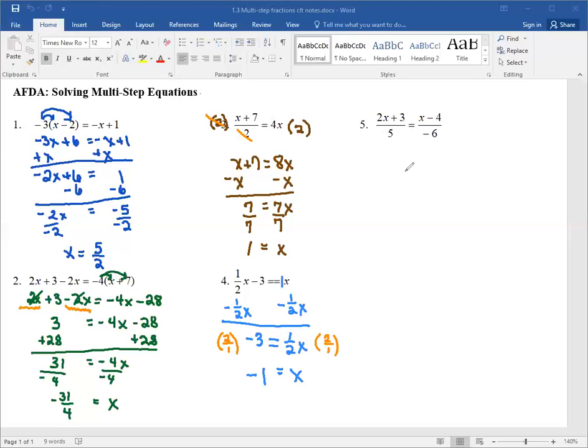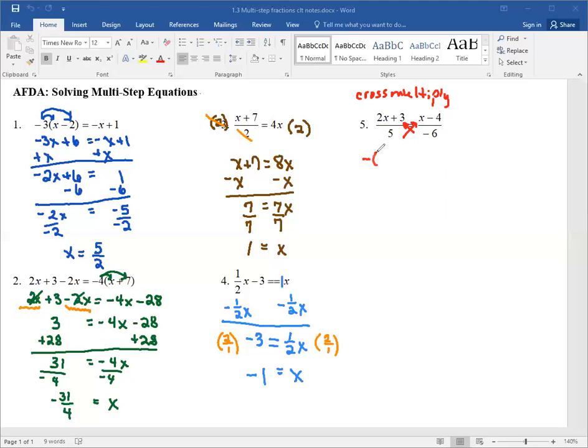All right, so let's go and look at number 5. And this is our cross multiply example. Okay, so when I have a fraction equal a fraction, all I'm doing is taking the top left and multiplying by the bottom right.